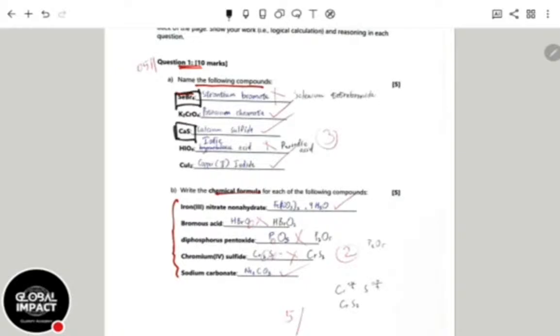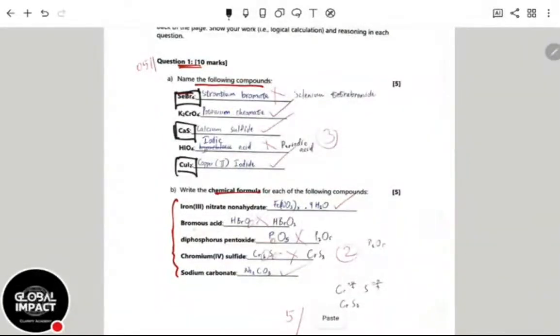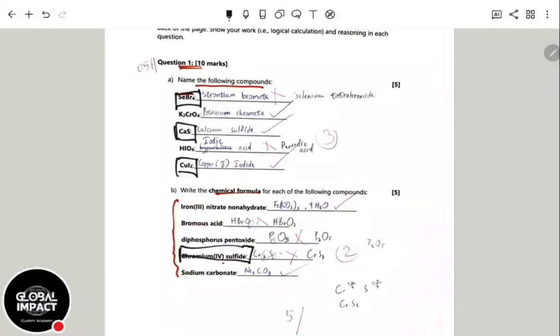Here it has two things. Here it has two things. Sulfide. So this is obviously di. Here we have two things. It's obviously binary. Then we have sodium carbonate.